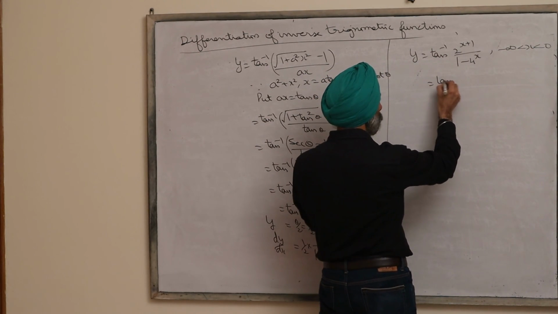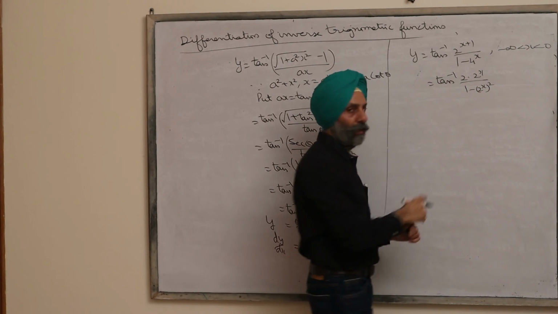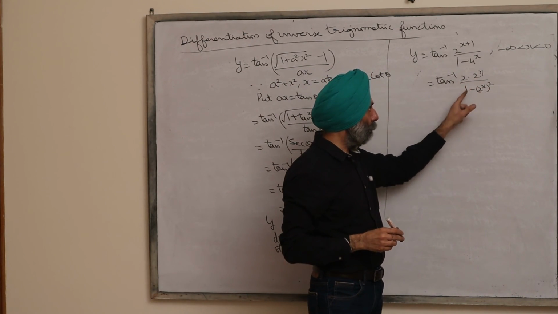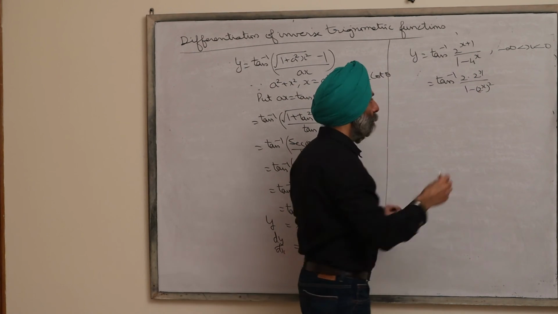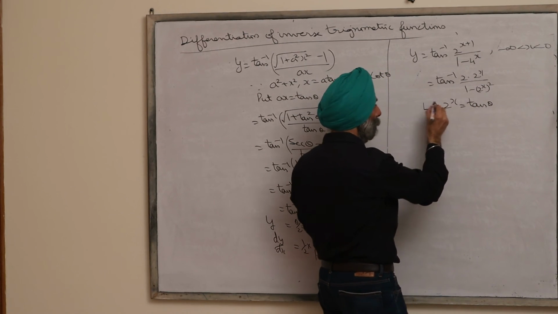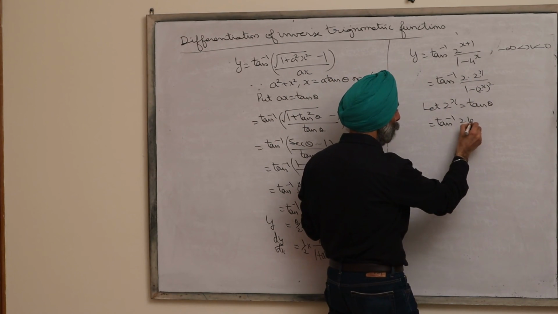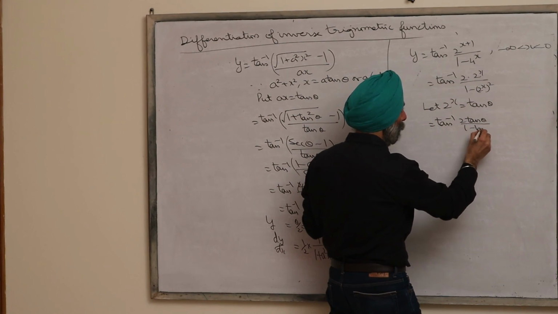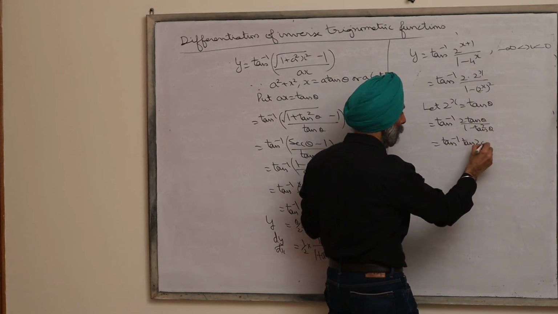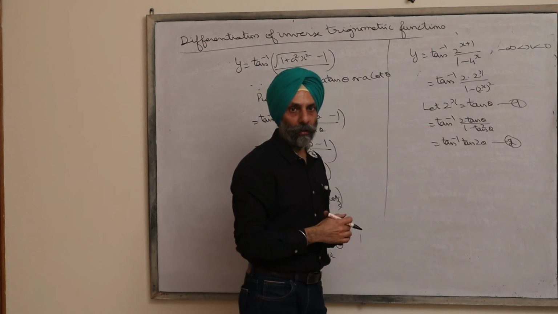Now, can I write this as tan inverse of 2 into 2 raised to power x over 1 minus (2 raised to power x) whole square? Why have I written it this way? Because of 2 tan theta over 1 minus tan square theta, which means that 2 raised to power x is equal to tan theta. So this becomes tan inverse of 2 tan theta over 1 minus tan square theta, which is tan inverse of tan 2 theta. This is first, and this one is second here.